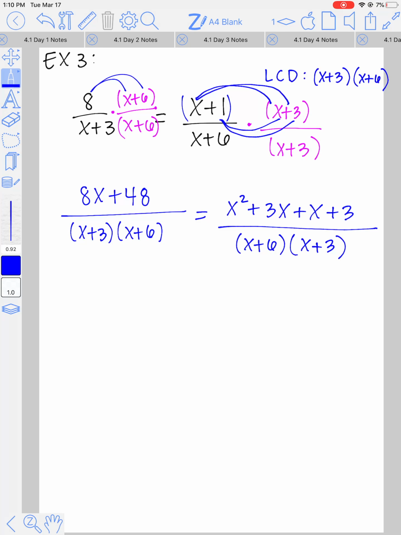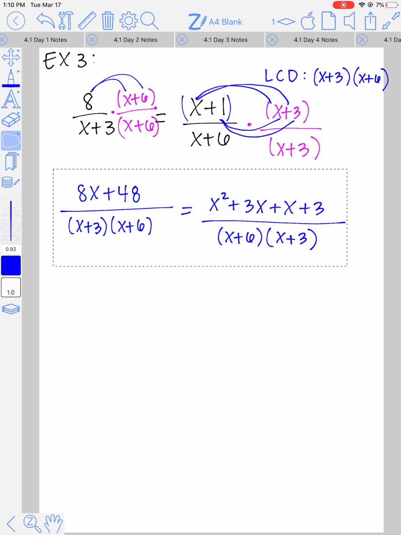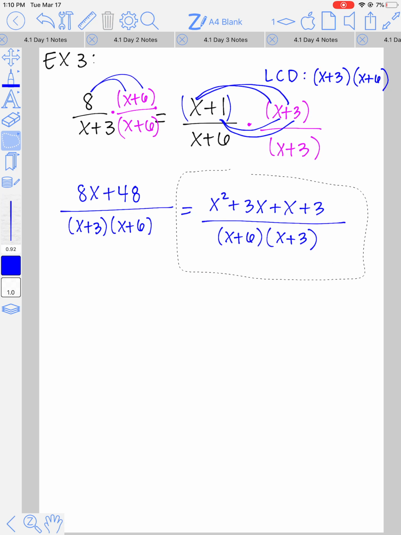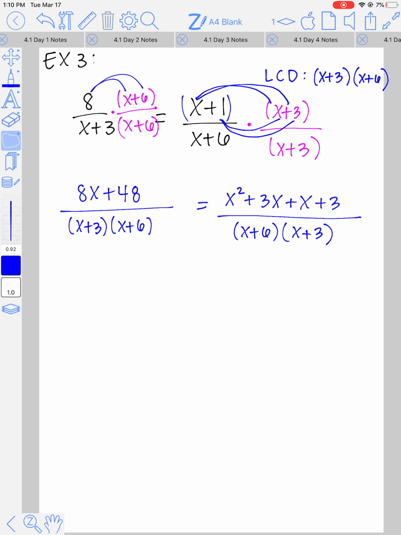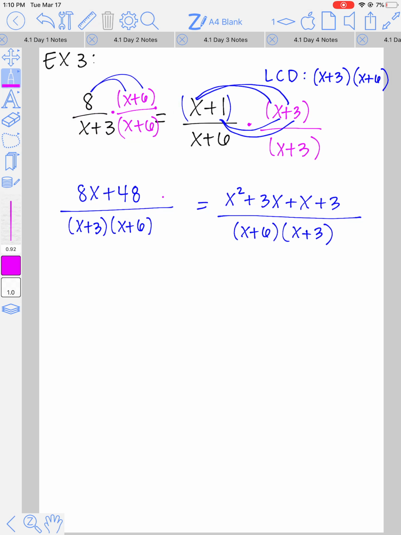Okay, so again, we want to get rid of the fraction stuff that's happening so we don't have to worry about that. So I need to multiply everything by the denominator, by our least common denominator. So we're going to multiply this side by x plus 3 times x plus 6. Same thing with this side.